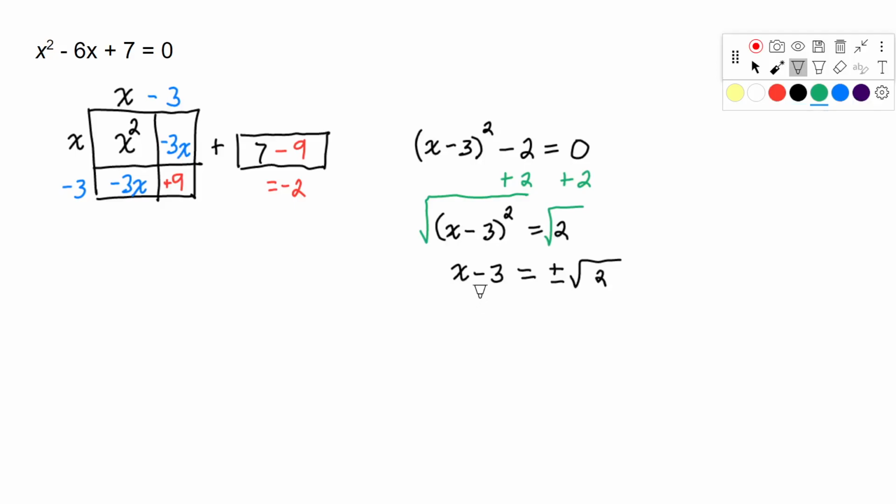Now to get x by itself, I add 3 to both sides, and my exact answer is x equals 3 plus or minus the square root of 2.